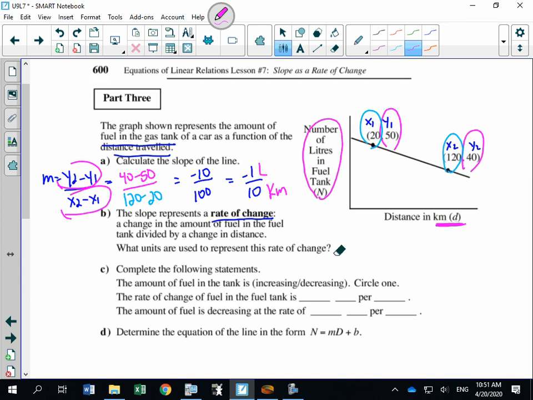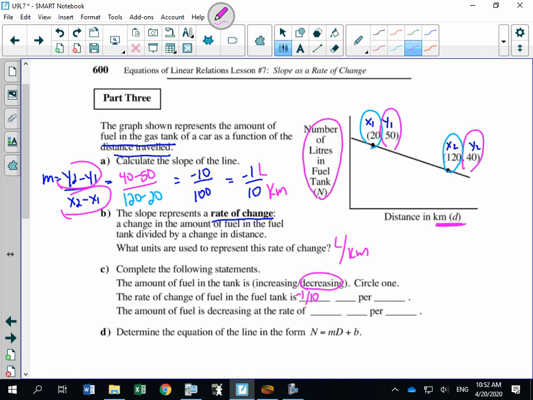So what units are used to represent this rate of change? Liters divided by kilometers. Complete the following statements. The amount of fuel in the tank is decreasing. The rate of change in the fuel tank is -1 over 10. So you always write your slope.